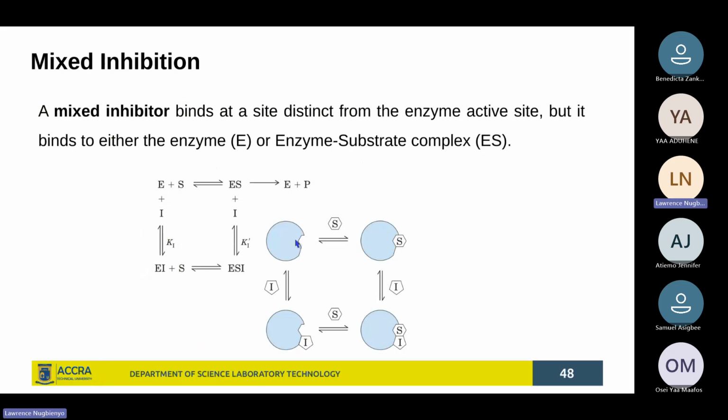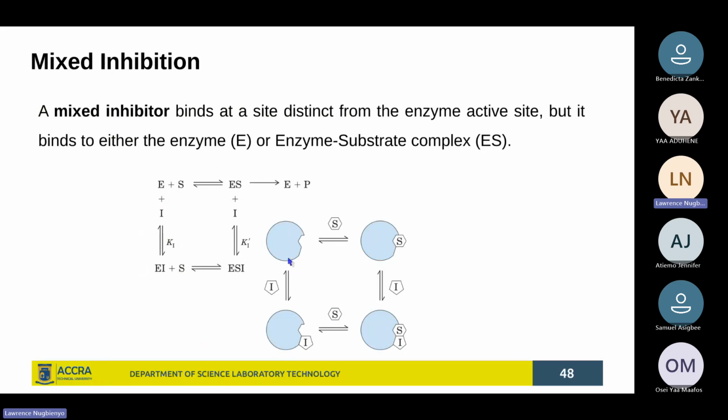This is depicted in the diagram as well, where the enzyme binds to the substrate to give you the enzyme substrate complex. Now, it is either that the enzyme substrate complex is formed before an inhibitor comes to bind to the allosteric site to give you the enzyme substrate inhibitor complex, or first the inhibitor binds to the enzyme, to the allosteric site, but the active center is still available for the substrate to bind to it.